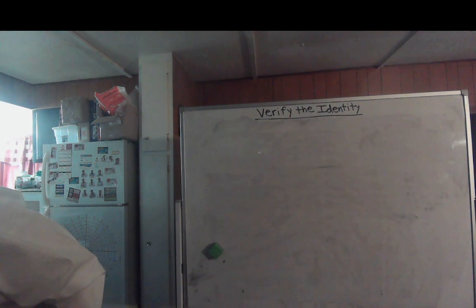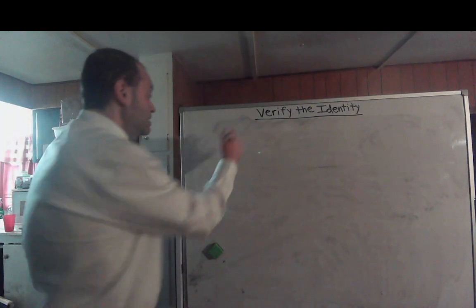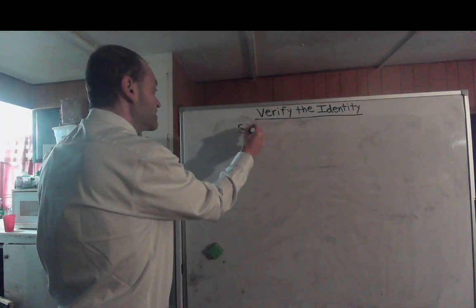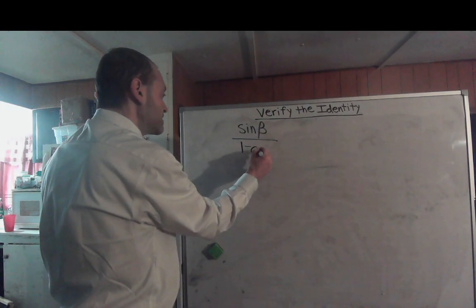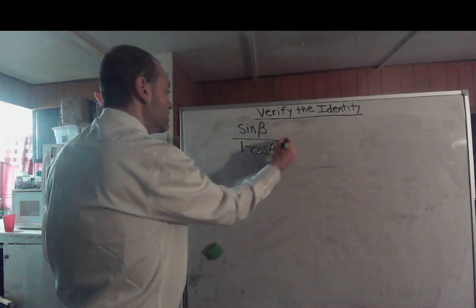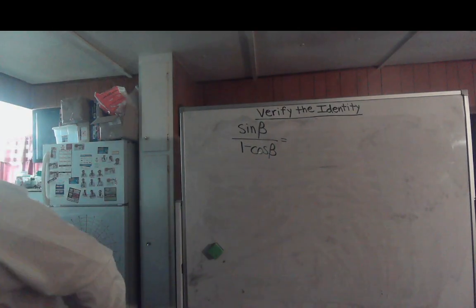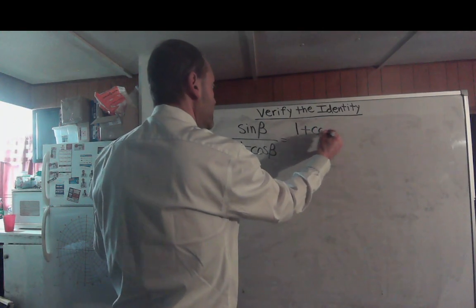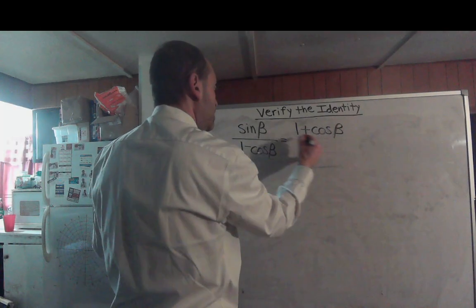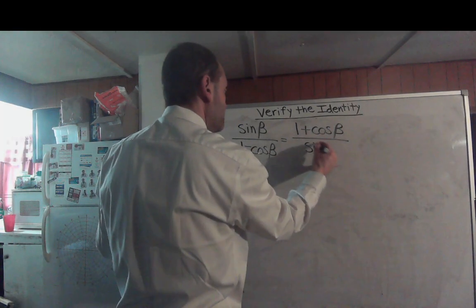All right. So let's see. We have to prove that the sine of beta over 1 minus the cosine of beta is equal to 1 plus the cosine of beta all over the sine of beta.